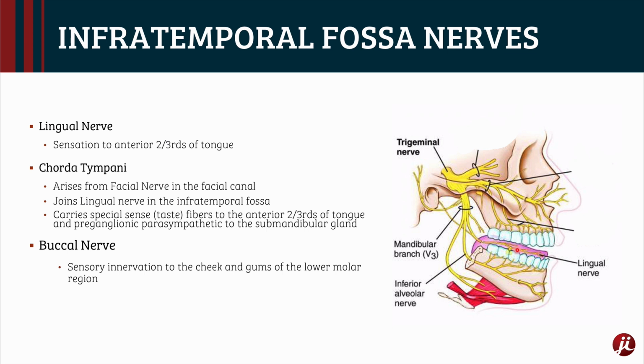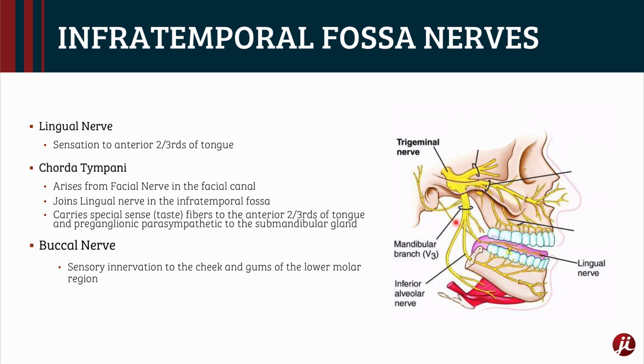So this is how we break this section down for our students as far as holding them accountable for knowing this information. On the practical, we can tag the nerve here and ask them to identify the nerve and tell us the fibers that run through it. So if the tag is here, they would have to say, okay, that's the lingual nerve and there are sensory fibers running through it.